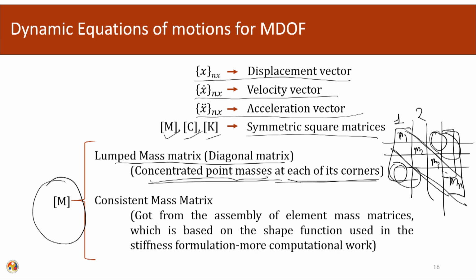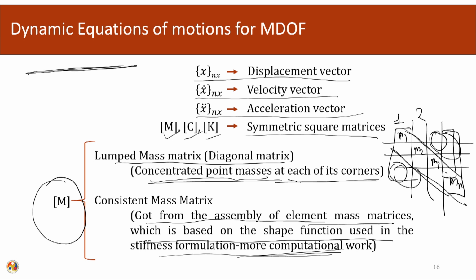Then this mass matrix is also a consistent mass matrix. We derived it from the assembly of the element mass matrices, which is based on the shape function used in the stiffness formulation, or any other computational work. What we are trying to say is that if we remember the single degree of freedom system, how we derived the matrix, we derived the matrix using the shape function.